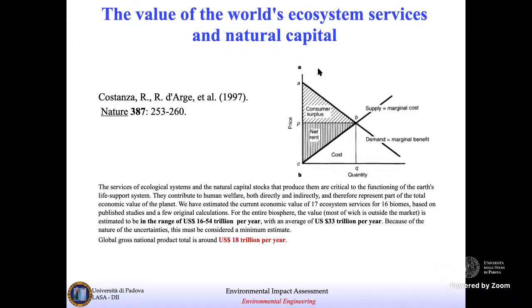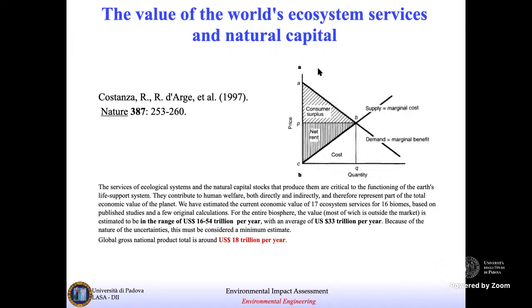This reasoning is based on the introduction of the concept of ecosystem services, by realizing that ecosystems provide services, for example, cleaning water, producing clean air, oxygen, or producing suitable landscape or suitable habitats for endangered species and so on.